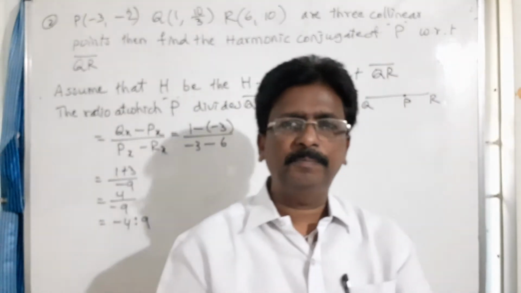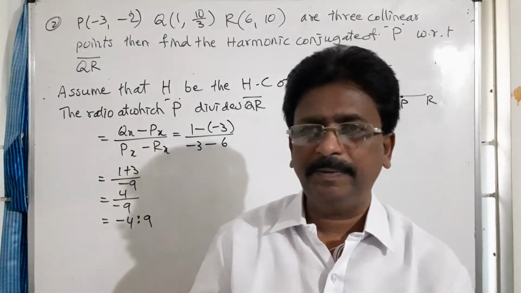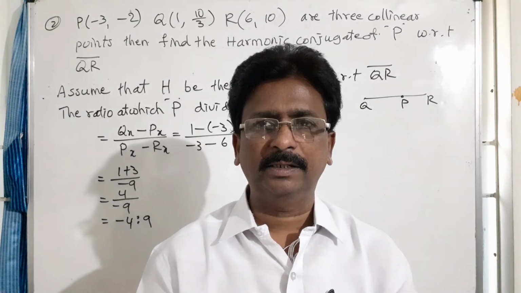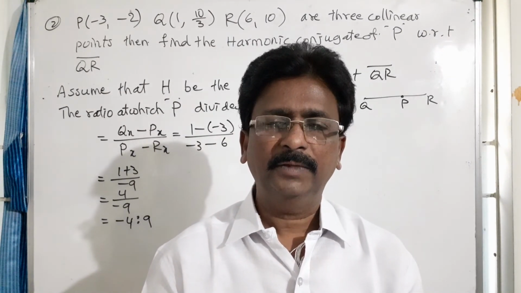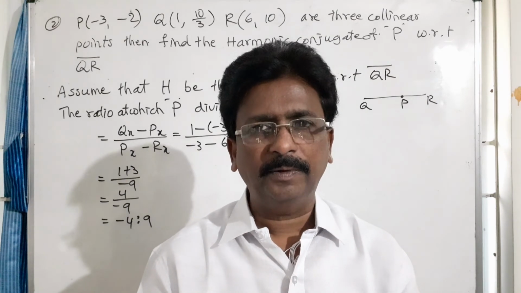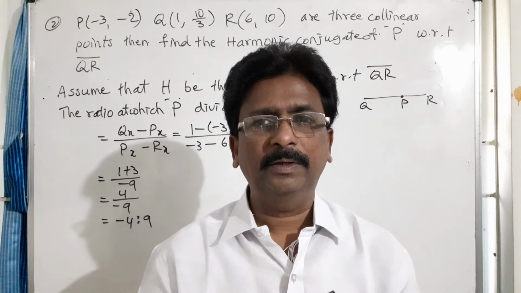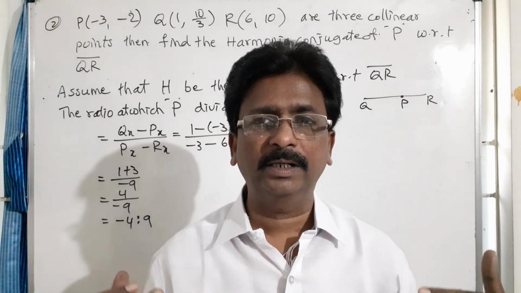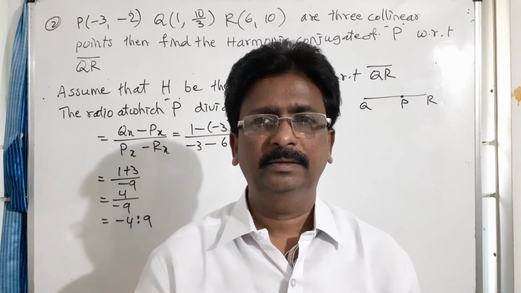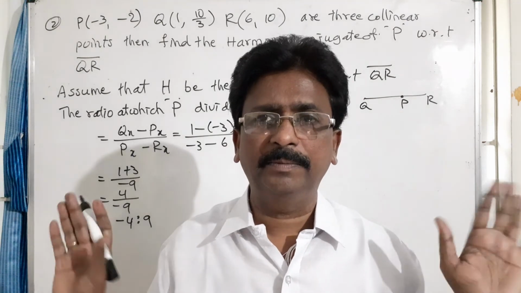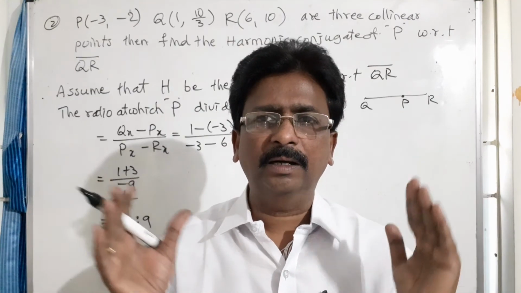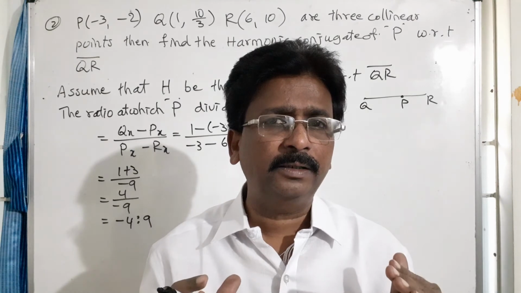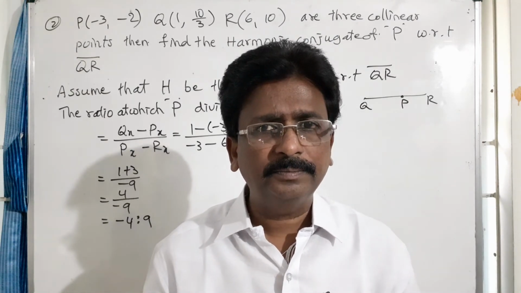Now can you say where P lies? Internal point or external point? External point. P is the external point. What about the harmonic conjugate? Internal point. The harmonic conjugate is the internal point. But the ratio? Same ratio. Because the harmonic conjugate is the internal point, the ratio is the same.